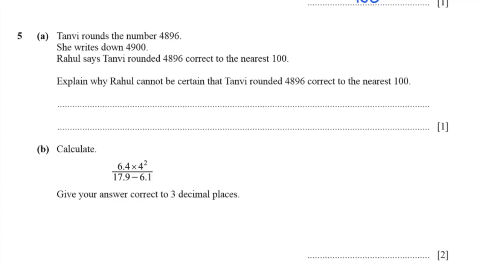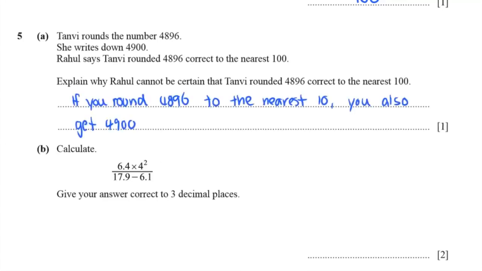If you round it to the nearest 10, the 96 turns into 100, and then the 100 turns the 4896 into 4900. Look at the marks, it's only 1 mark. So if you found it confusing, don't waste your time on the question and move on. So we'll just write down if you round 4896 to the nearest 10, you also get 4900. So implying that, well, you can't be certain you rounded to the nearest 100 because it could have been rounded to the nearest 10.